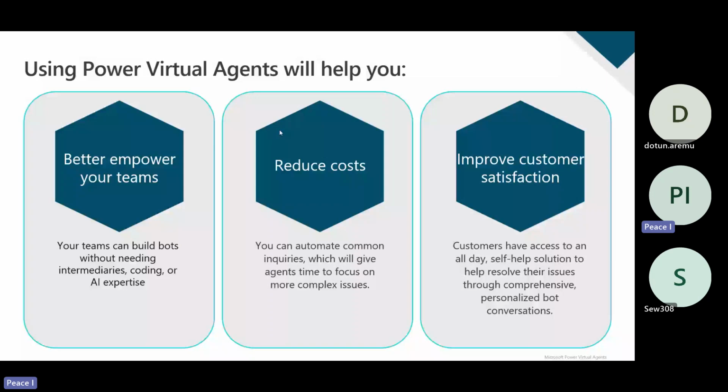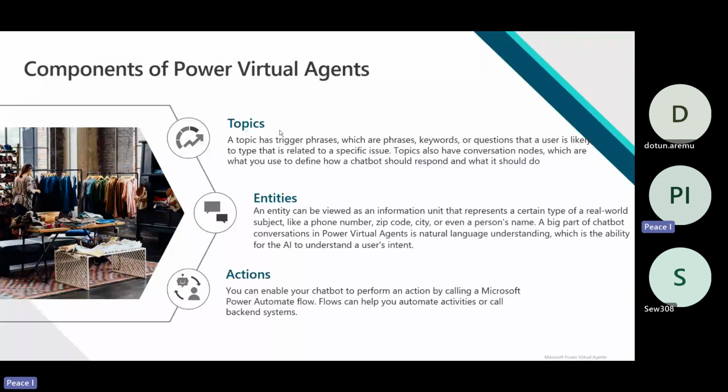You can automate a flow which goes, picks the information and returns it to your chatbot. And it does this in seconds, and you provide the customer with the information they are looking for. So there are really a lot of functionalities and a lot of things you can achieve with Power Virtual Agents. So we'll proceed to the components of Power Virtual Agents.